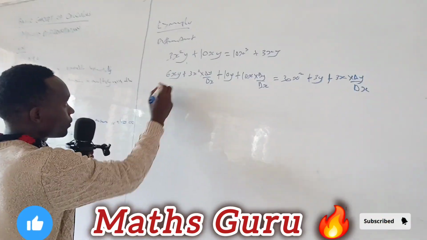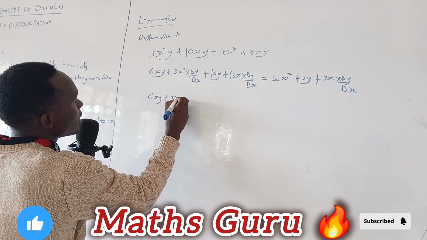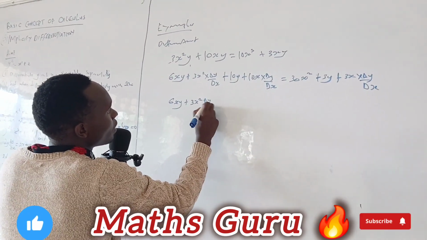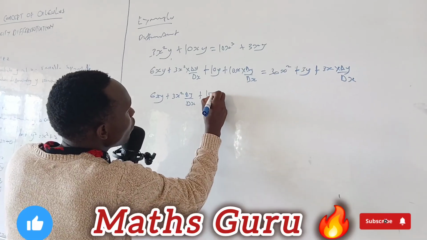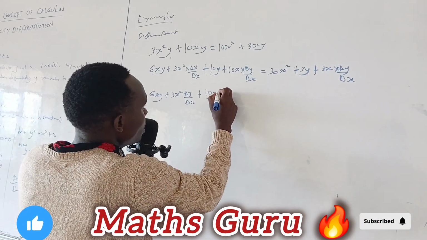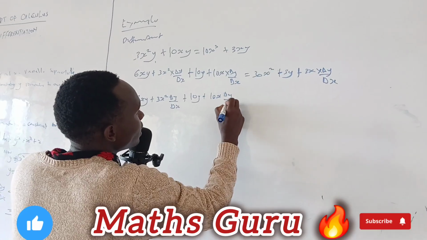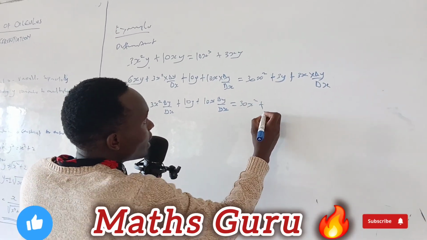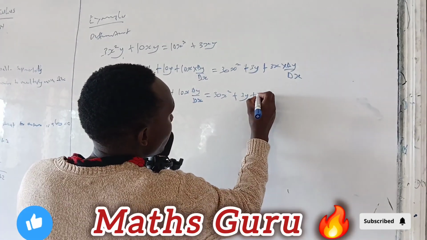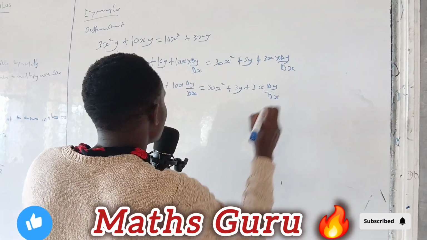So here, 6xy plus 3x squared change in y over the change in x. Now plus 10y plus 10x change in y over change in x is equal to 30x squared plus 3y plus 3x change in y over change in x.